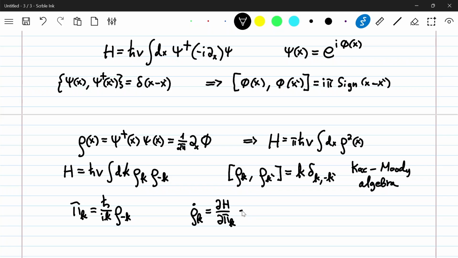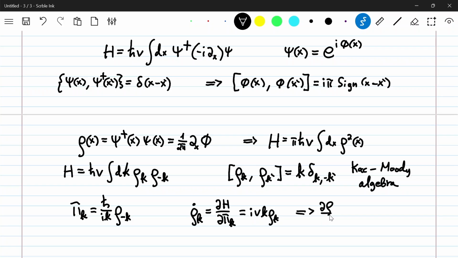And when you do the algebra again, you're going to get I times v times k rho of k. Okay? The same rho of k. You transform your Fourier transform back to real space. And what is this equation? It's nothing but the continuity equation, right?